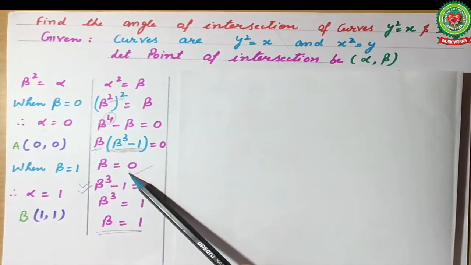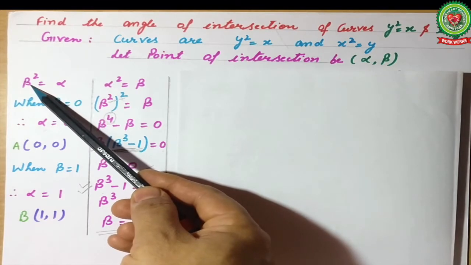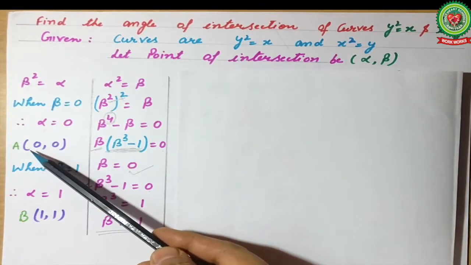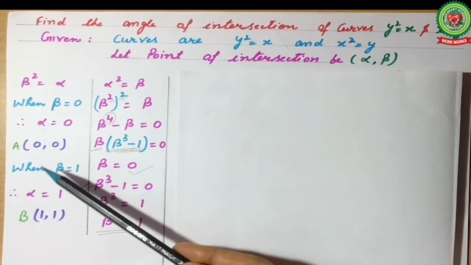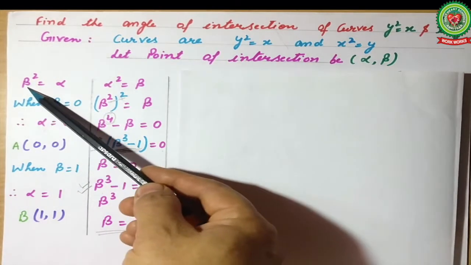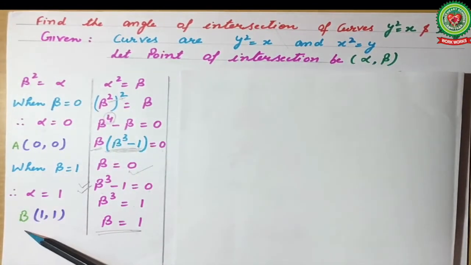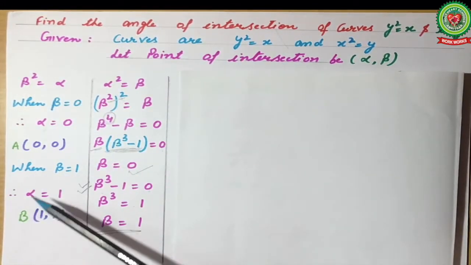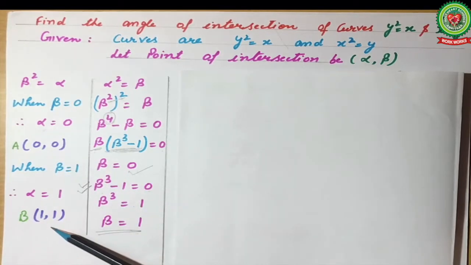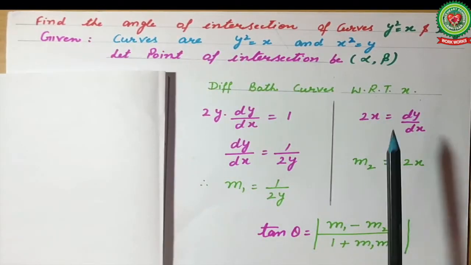When beta is equal to 0, alpha is also equal to 0, so one point is (0, 0). In the same way, when you put beta is equal to 1, alpha is also equal to 1. The other point is (1, 1). Now you have two points, A and B. Next we will find the slope by differentiating the curves.